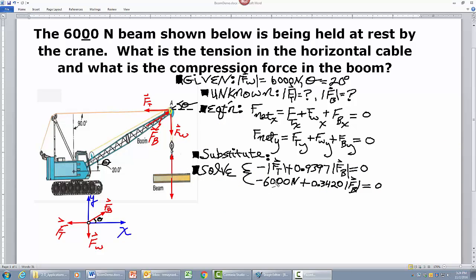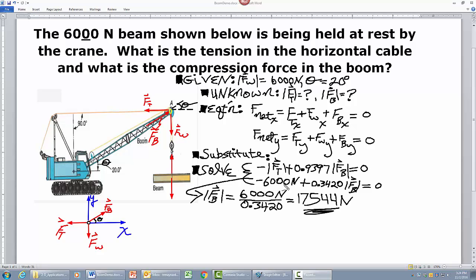Looking at our 2 by 2 linear system of equations, we see that the second equation only has one unknown, the magnitude of the boom force vector. Our strategy is to solve this equation explicitly for the magnitude of the boom force vector, and then substitute what we get into this equation and then solve for the magnitude of the tension force.